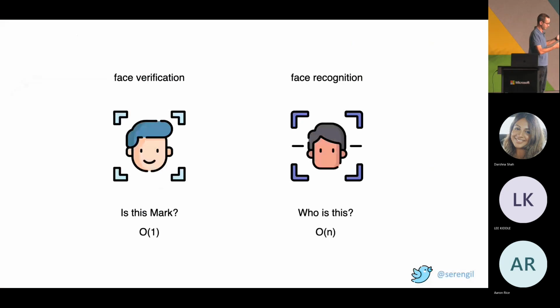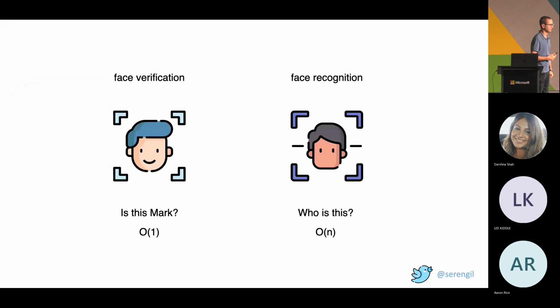So if you have an image pair and you want to learn whether they are the same person or different persons, this is actually face verification in their language. And its complexity is 1. And basically, is this Mark or is this Shefik, is the task you need to run?